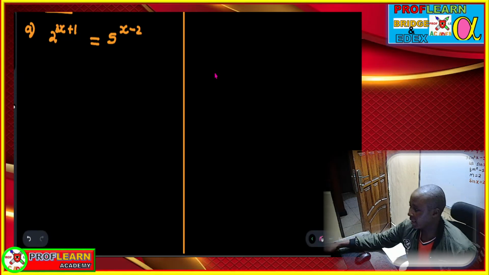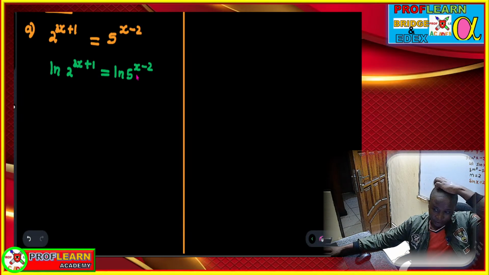So you realize here the only way we can be able to go about this is to introduce natural log both sides. So we shall say ln of 2 to the power 3x plus 1 is equals to ln of 5 to the power x minus 2.